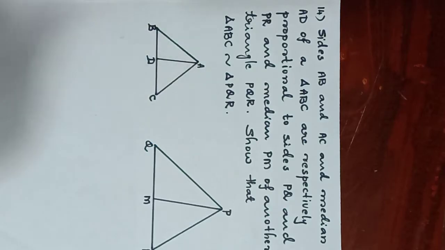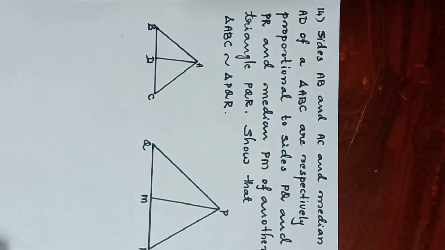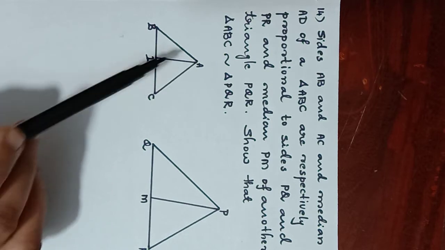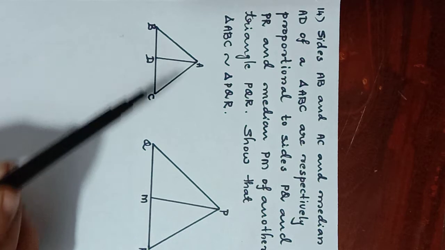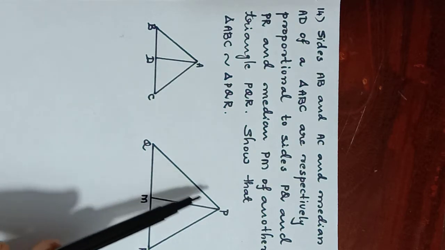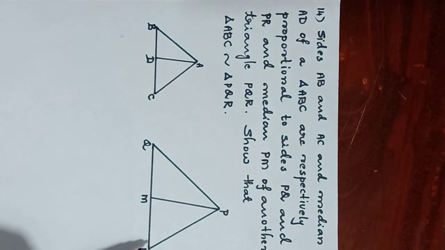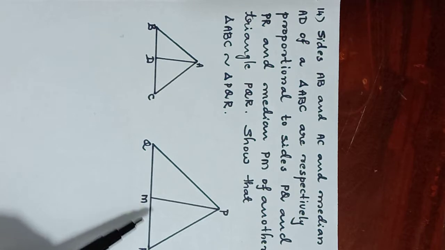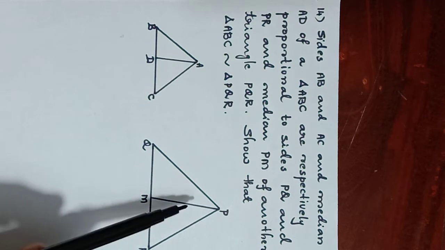Okay. Question number 14. Sides AB and AC and median AD of triangle ABC are respectively proportional to sides PQ and PR and median PM of another triangle PQR. We have to show that triangle ABC is similar to triangle PQR.